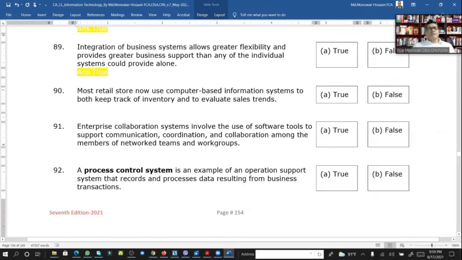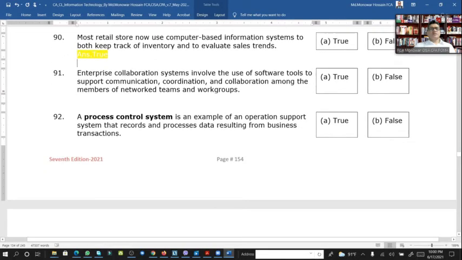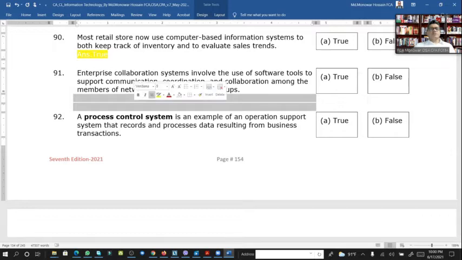True. Most retail stores now use computer-based information systems both to keep track of inventory and to evaluate sales trends. True. Enterprise collaboration systems involve the use of software tools to support communication, coordination, and collaboration among the members of networked teams and work groups. Also true.